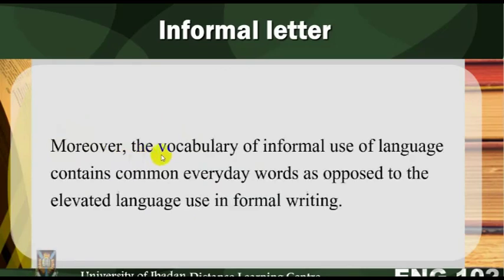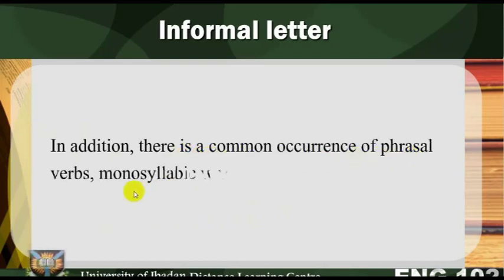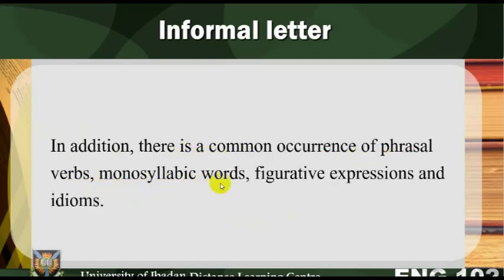Moreover, the vocabulary of informal use of language contains common everyday words as opposed to the elevated language use in formal writing. In addition, there is a common occurrence of phrasal verbs, monosyllabic words, figurative expressions, and idioms.